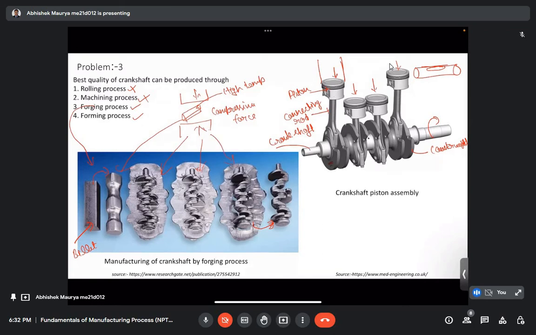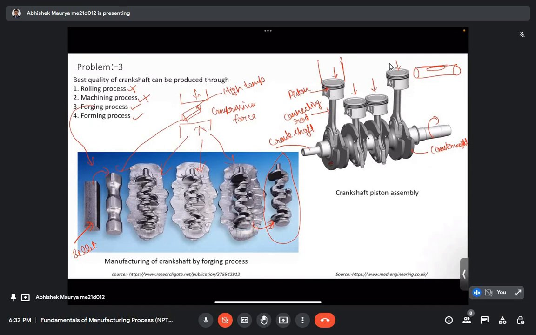After 4 or 5 sets of dies, we will be able to get our final product, which is a very complex geometry, and the final product is achieved by applying compressive forces in the forging process.